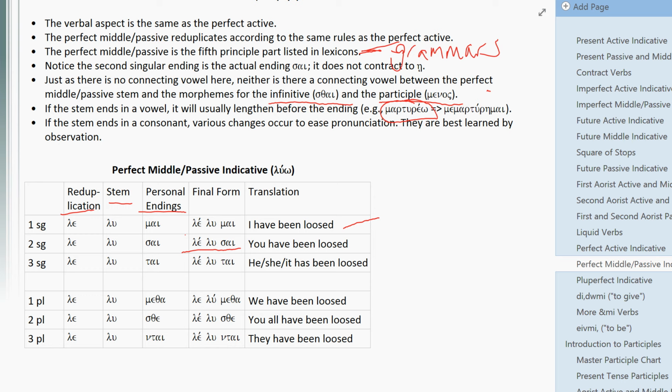So I have been loosed. That generally, in English, if this is the present, signifies that it happened back here, and the results are ongoing to the present, and then the future is unknown.